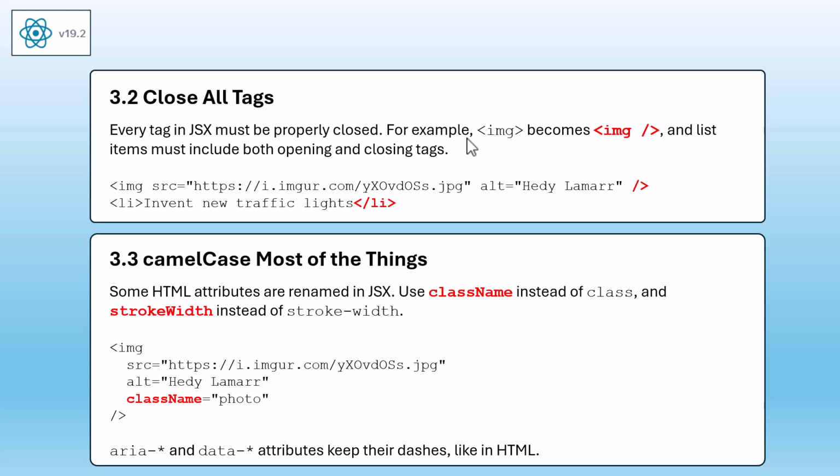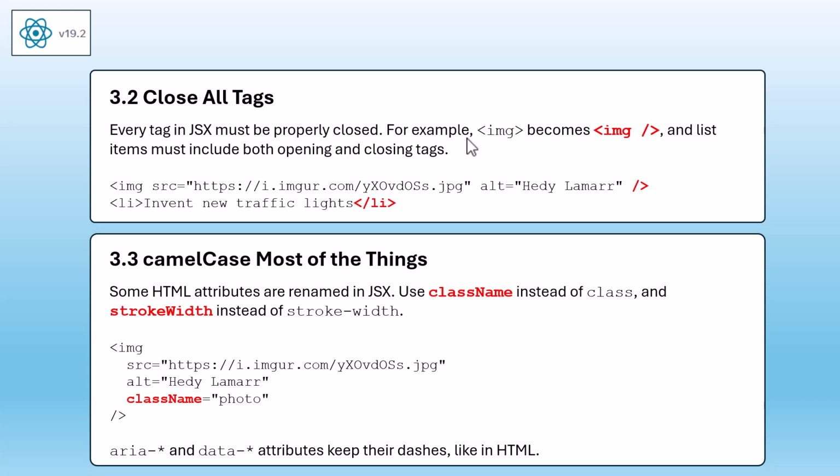3.3 Camel case most of the things. The third rule concerns attribute names. JSX is JavaScript, so it follows JavaScript naming conventions. That means instead of using lowercase attributes or ones with dashes, we use camel case. For instance, in HTML you'd write class="photo", but in JSX you must write className="photo", because class is a reserved word in JavaScript.